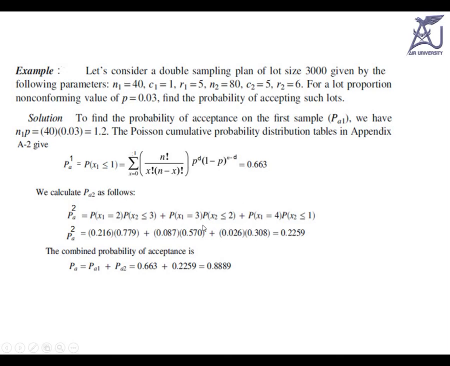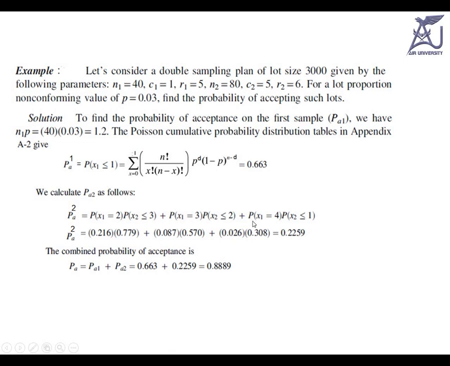The number of defectives found in the first sample equal to, sorry, I missed it here. It should be 3, and then the second should be 1 equal to 2, and the last one can be number of defectives equal to 4 and number of defectives in the second sample equal to 1. So 4 plus 1 is again 5.